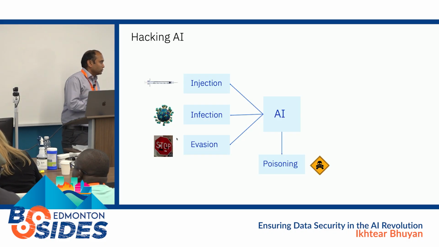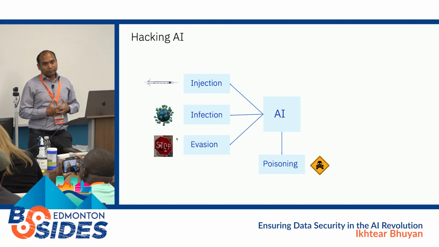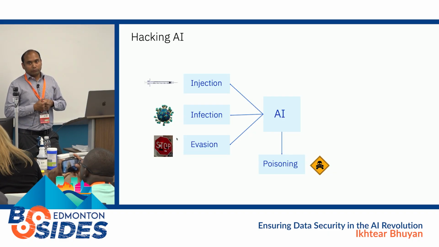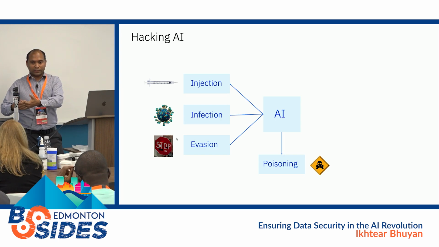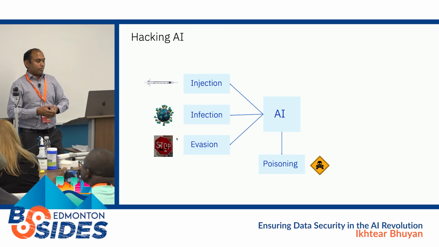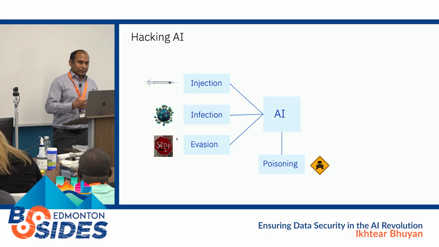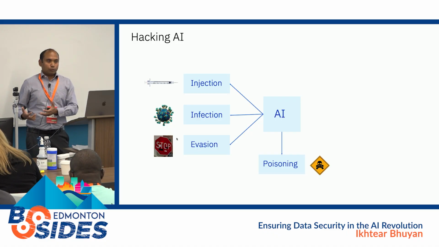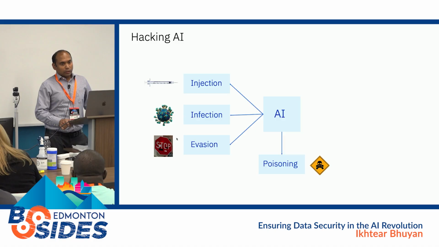The poisoning, next one. Without data, there's no AI, because you need to train on data based on your business need, your application need. So if the data is poisoned, if I'm putting the wrong data into my model, I will definitely get the wrong output. So how do I secure your data?